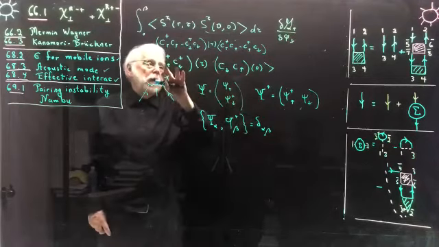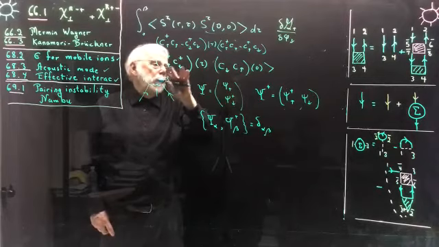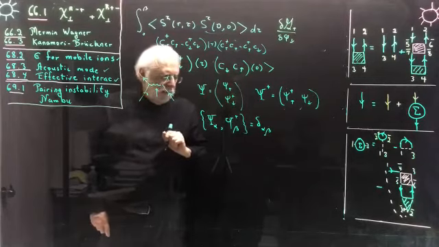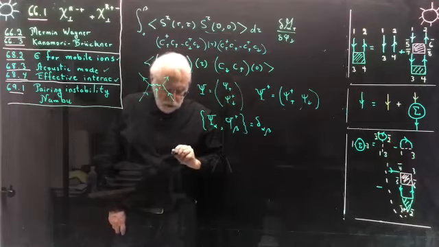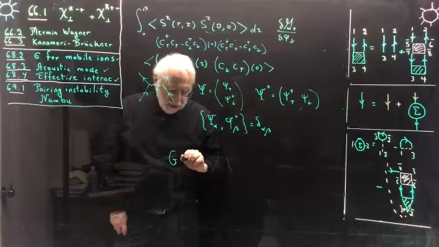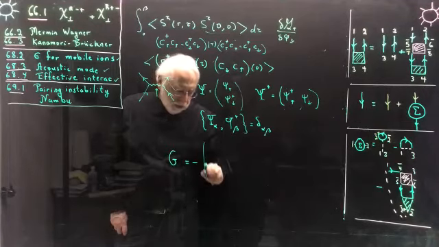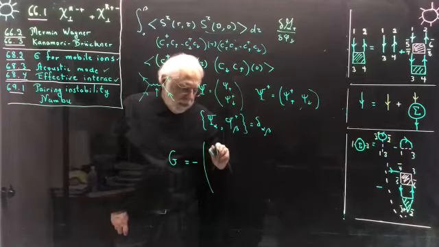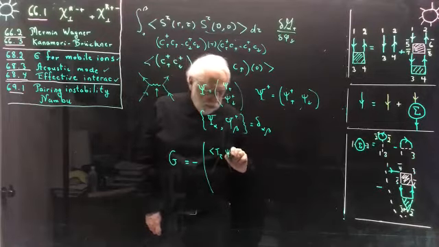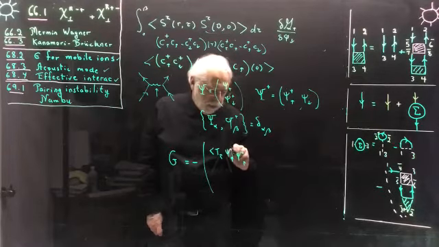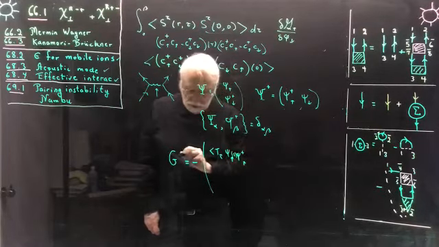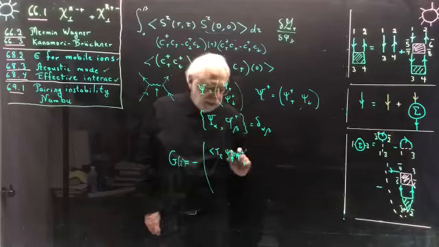In the Green's function, there will be components like this, and we will compute derivatives. So the Green's function, G, now is a matrix. It's equal to minus the time-ordered product of psi up, psi dagger up, at time tau. There are other indices that we can add later.